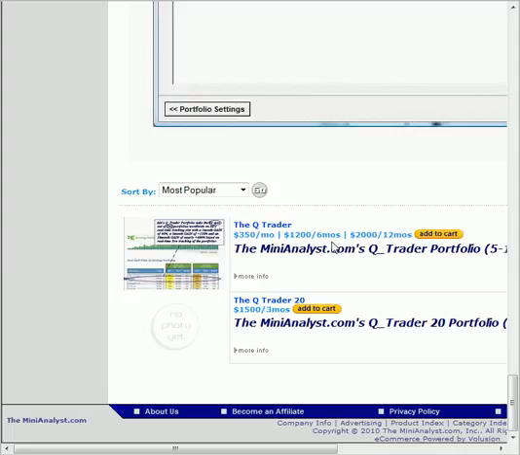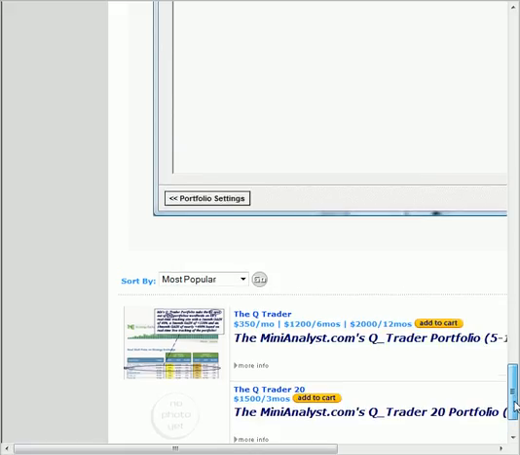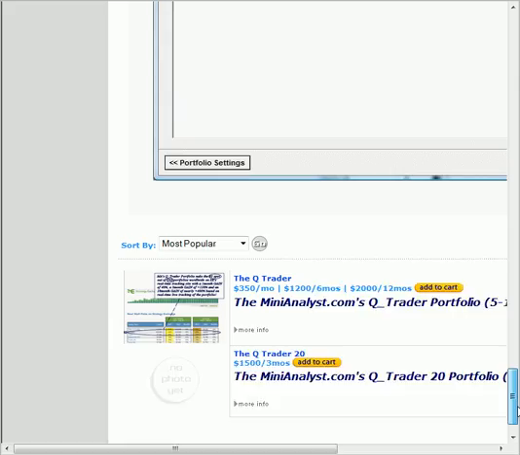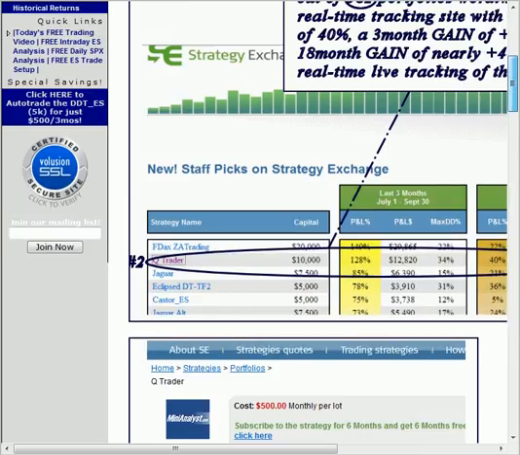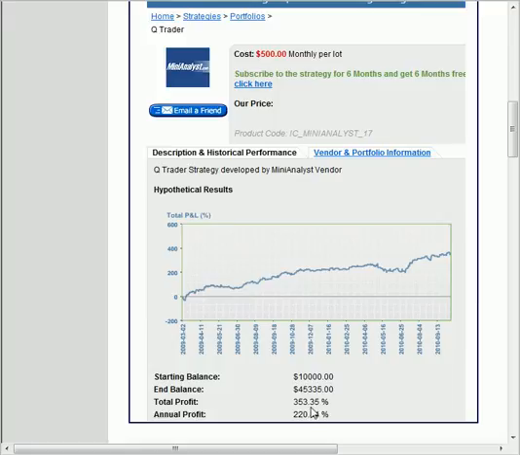We just saw $4,000 in MAPDT version 4.0 HR, so that's a great opportunity to get involved in that portfolio. It's also a great opportunity to get involved in the Q Trader that's been underperforming relatively, and considering that that was just over the last 34 days, down 1%, but third-party tracking, there you go, 353% over the last couple of years, 220% annual profit.